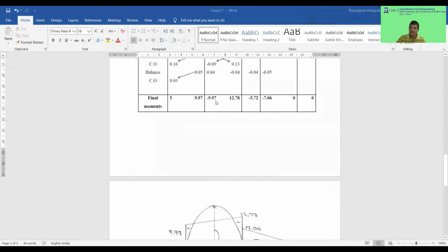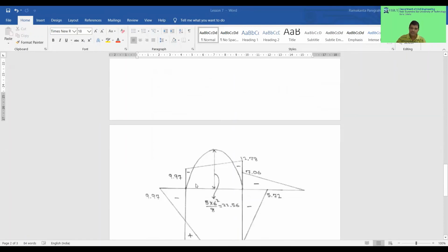Here minus 9.97 plus 12.78. Minus 9.97 means anti-clockwise here, and the 12.78 is clockwise here. So a clockwise moment here is a negative bending moment, and your anti-clockwise moment is also a negative bending moment. So draw this value, write this value.